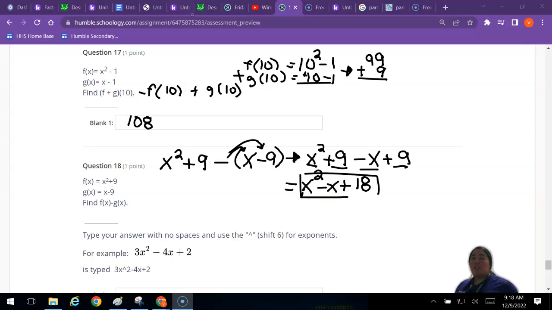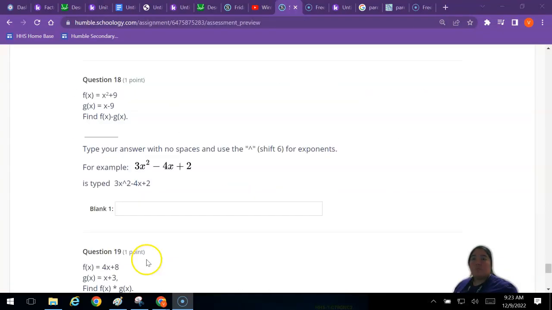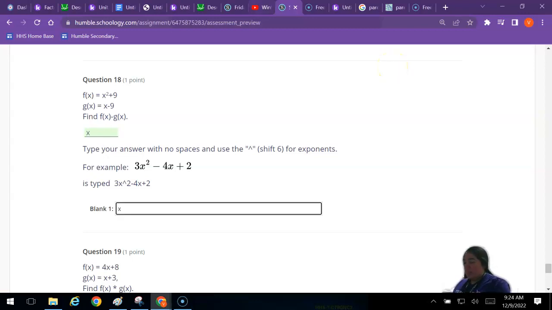This is how I actually subtract them. Okay. So it says to just type it in, right? But I can't. So we had x, and to type it in, just put x, that little thing, squared, and what was it? Minus x plus 18, okay?